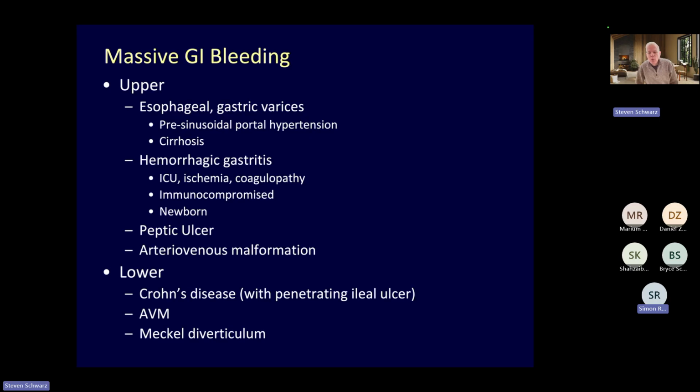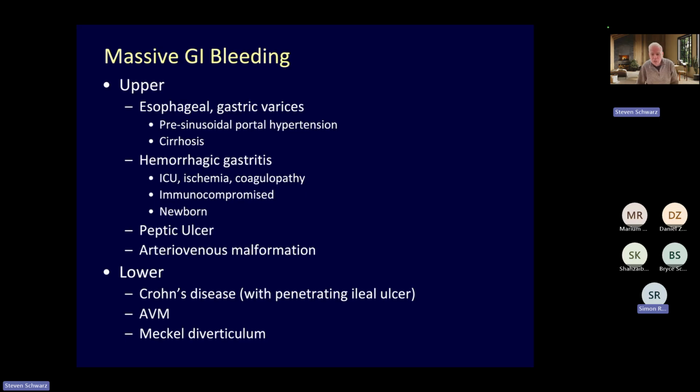Now, when are you going to get called to the ED? You're likely going to get called to the ED because of significant upper GI bleeding. Again, varices being the most common cause. The others are shown here. Rarely do we have children who have massive lower GI bleeding, and when we do, the most likely diagnosis, of course, is going to be a Meckel diverticulum.